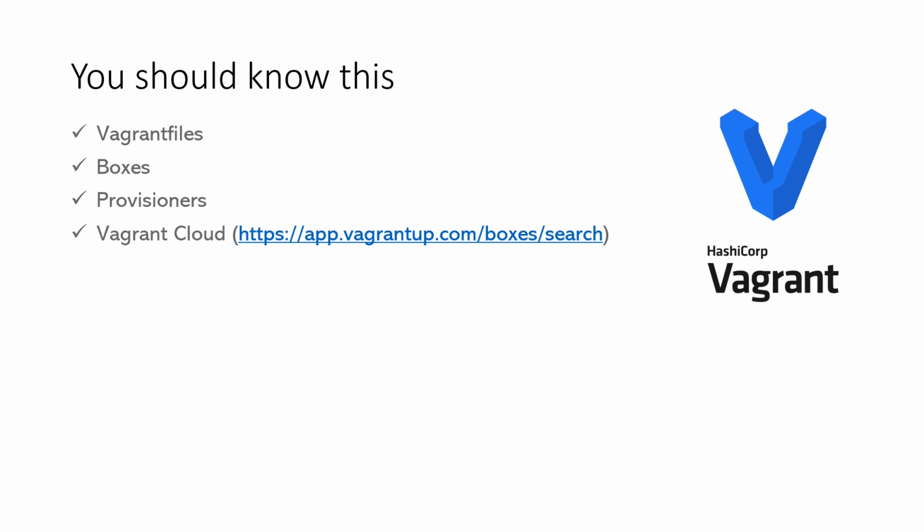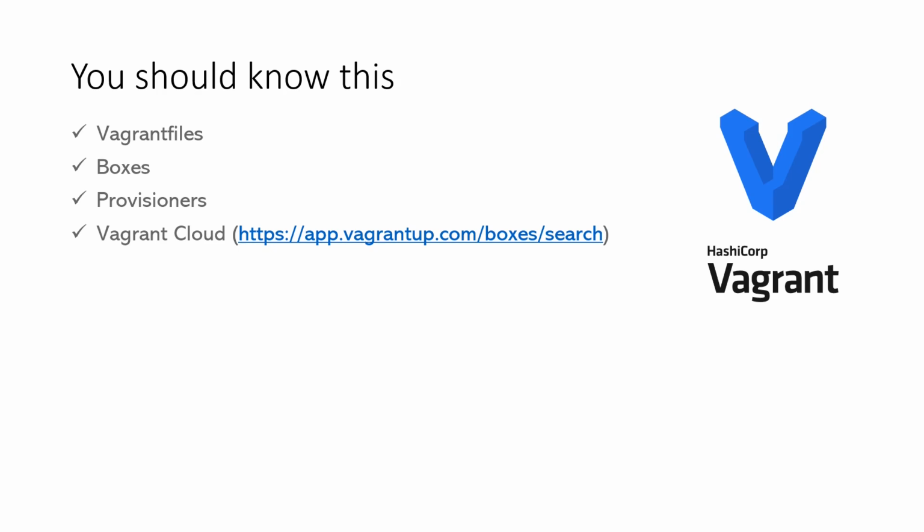If you want to use shell, you must have the shell provisioner. For Ansible, you need an Ansible provisioner. Basically, provisioners are how you do the automation. A few provisioners are already available, like shell, Chef, Puppet, Ansible, and more.